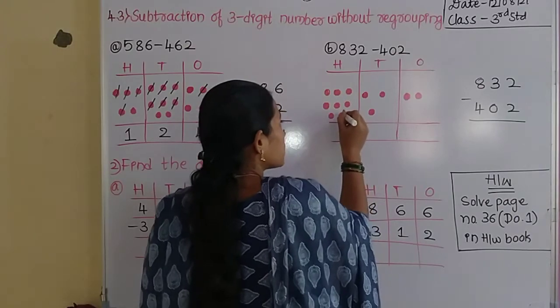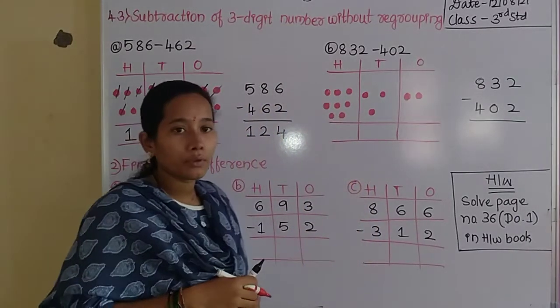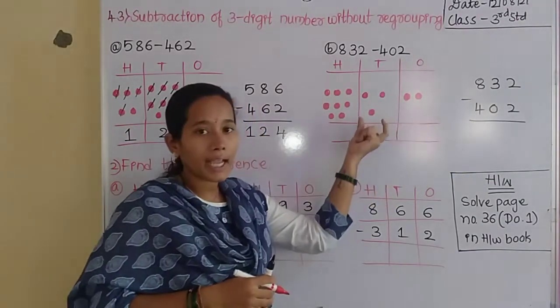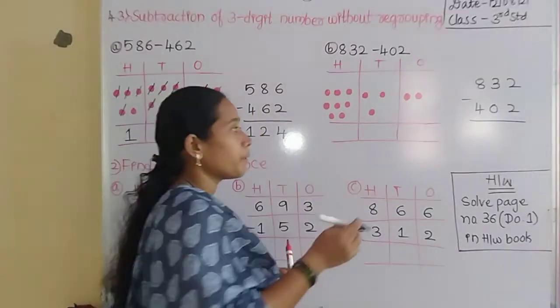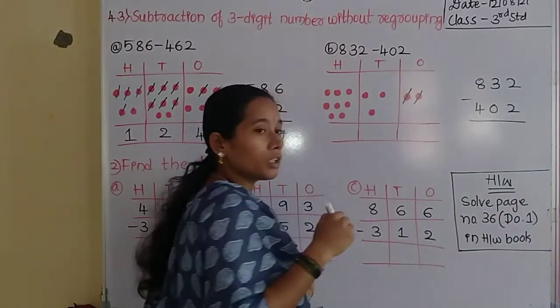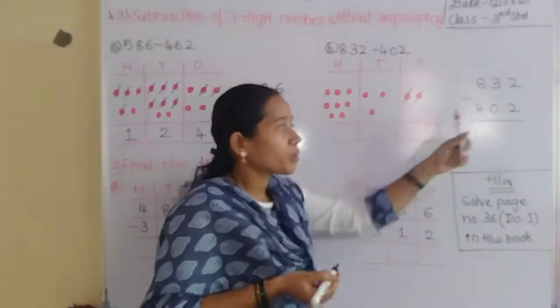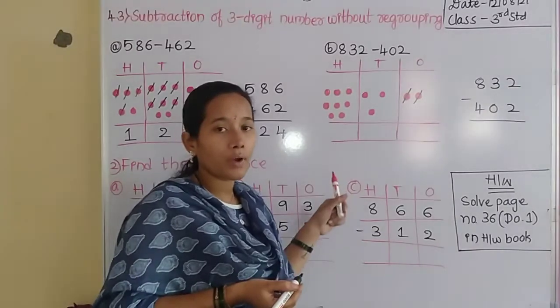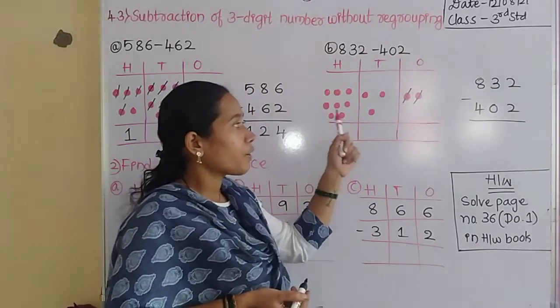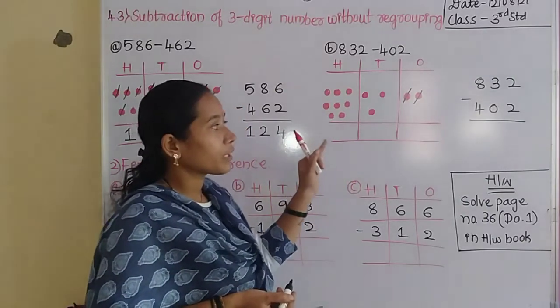The next step is, according to the minuend we represent the dots, and according to the subtrahend we cancel the dots. It is the second step. In the ones position 2 is there, cancel both 2 dots. In the tens position 0 is there, and how many do we have to cancel? 0 means no dots, nothing to cancel here.